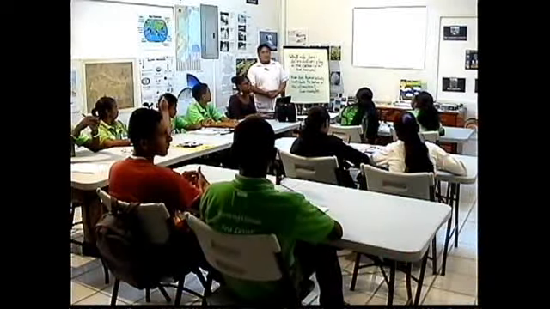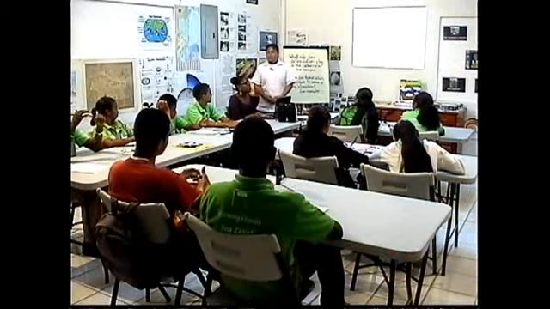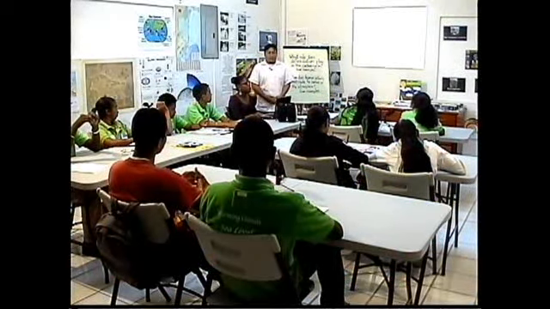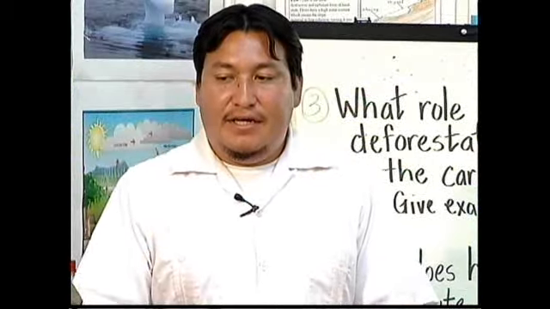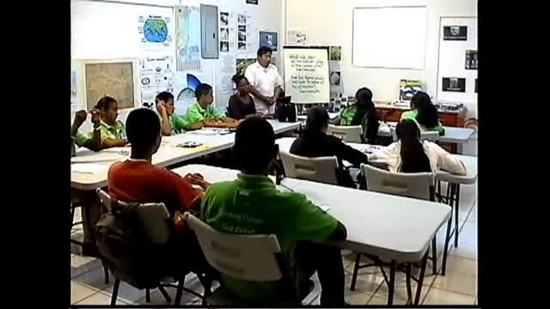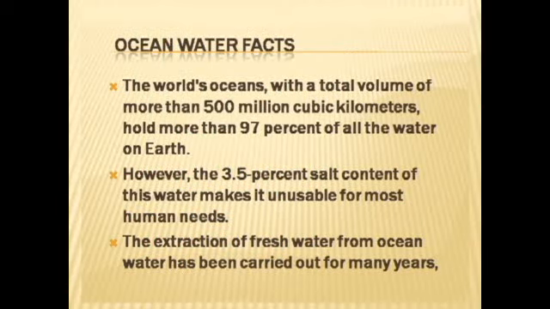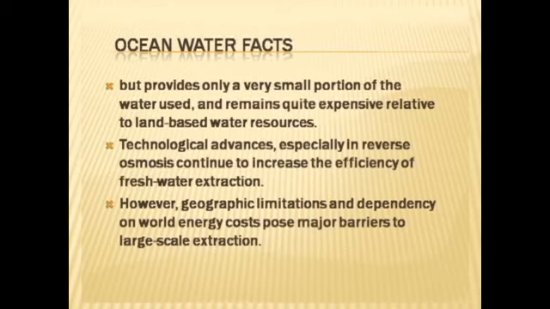So far, in some cases, yes, in some developing countries, but not to the extent here in Belize. The extraction of fresh water from ocean water has been carried out for many years, but provides only a very small portion of water used and remains quite expensive relative to land-based water resources. So the question is answered also. It is very expensive.